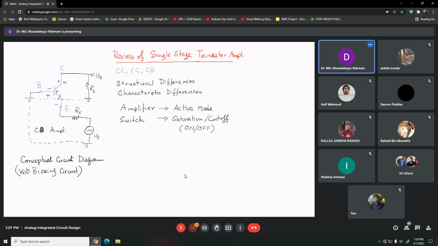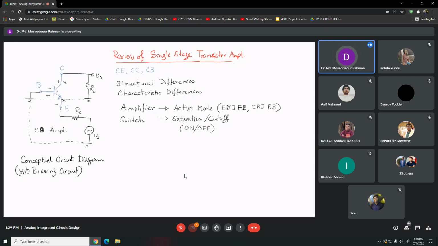We need to forward bias this junction, plus on this side, minus on this side, and the collector base junction reverse biased, plus on this side, minus on the other. So active mode means the emitter base junction is forward biased and the collector base junction has to be reverse biased. That we have to ensure.